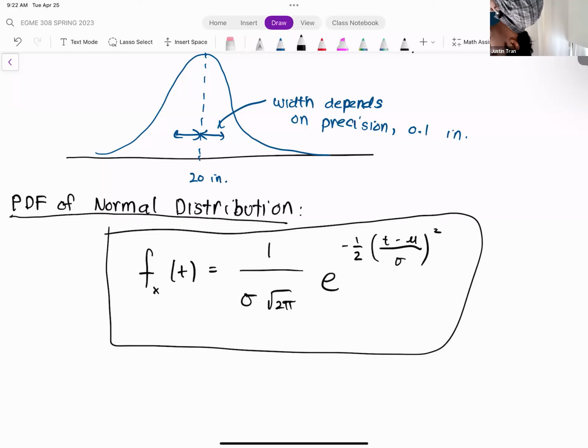You can see the function is a mess, and it's defined relative to the mean and relative to the variance as well, or technically the standard deviation, sigma.